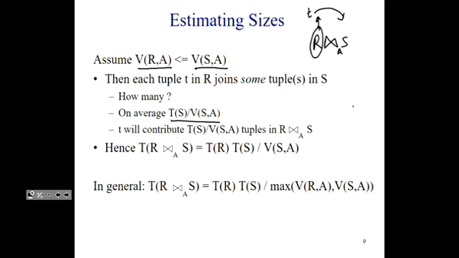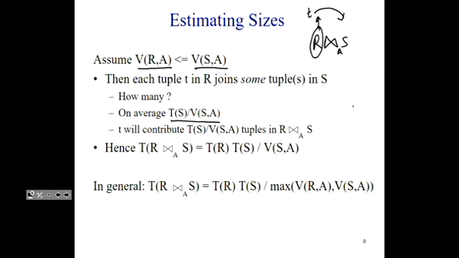This is not super hard. Basically, I'm using the assumption that the values are contained. Since V(R, A) is less than or equal to V(S, A), every value of A in R is also present in S. Now, given that that value of A is present in S, how many tuples would that value of A have?